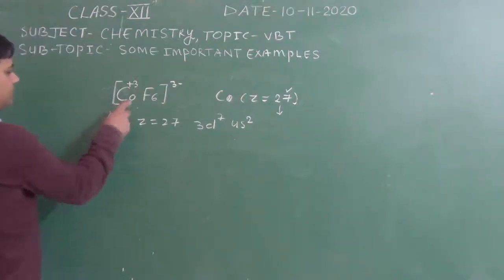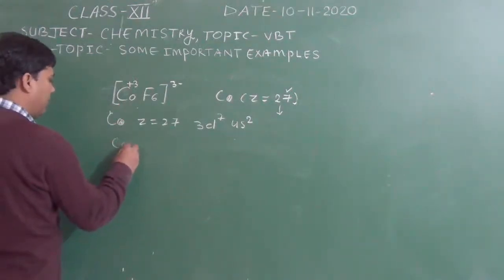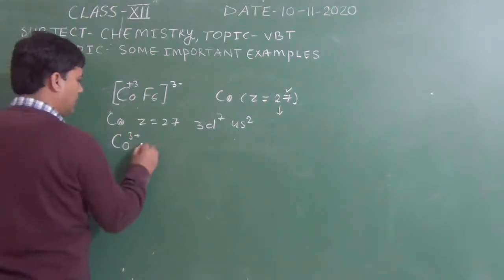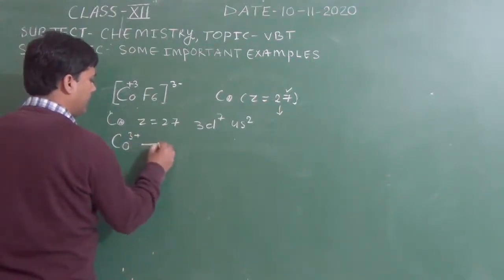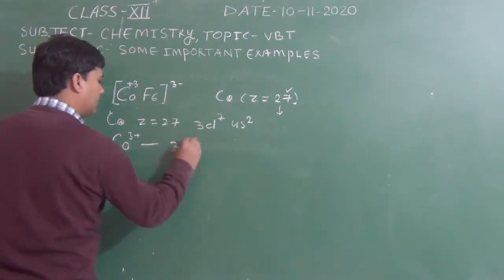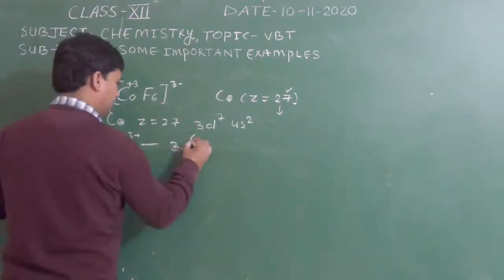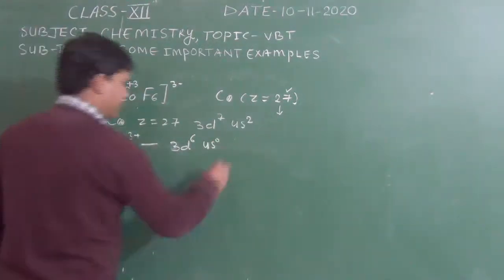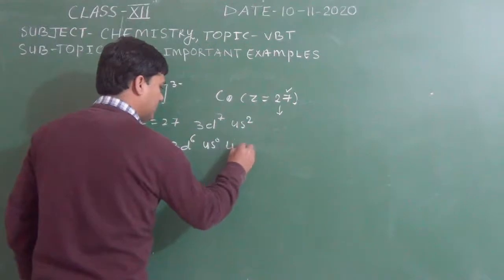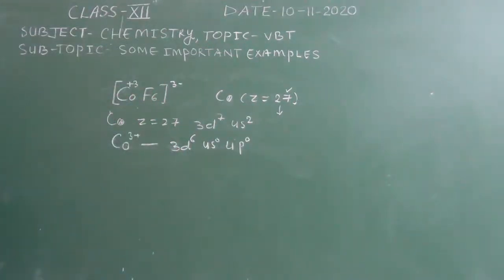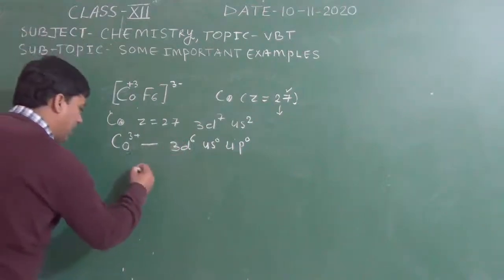It contains 3 positive charge, so in the case of Co3+, the configuration is written as 3d6 4s0 4p0. Now you are required to draw the orbital diagram.